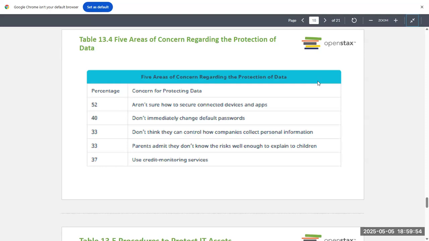So, what are the top concerns regarding protection of data? Well, you guys can see one, uncertainty in securing connected devices and apps. Don't immediately change default password. That causes a security breach, because anyone that finds the passcode, right?